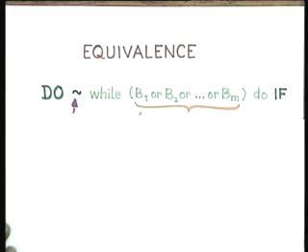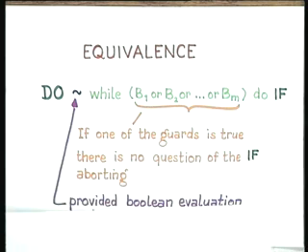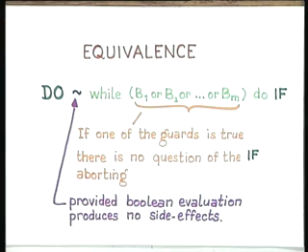The do is actually equivalent to this while loop, and of course, the conditions in all these cases are that there are no side effects caused by the evaluation of booleans. I mean, it's modulo that. If Boolean evaluation produces side effects, then it matters how many times you evaluate the Boolean.